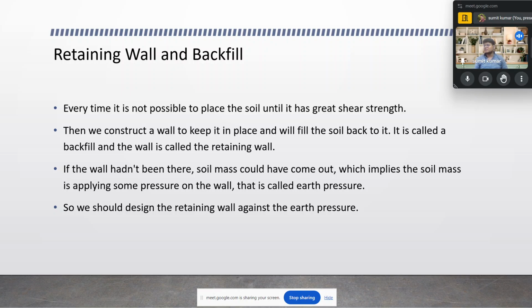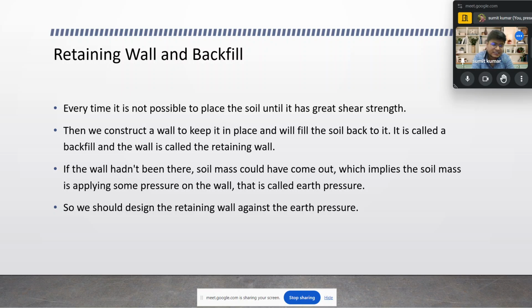We don't want any disturbance from small vehicles or cattle coming there and causing an accident or restricting the traffic, and the speed should not be restricted, so soil is filled there. But is it possible that if we fill the soil it remains there in the same condition? There also a wall needs to be created to bound the soil within that specific cross section so that the soil mass doesn't spill out from that cross section.